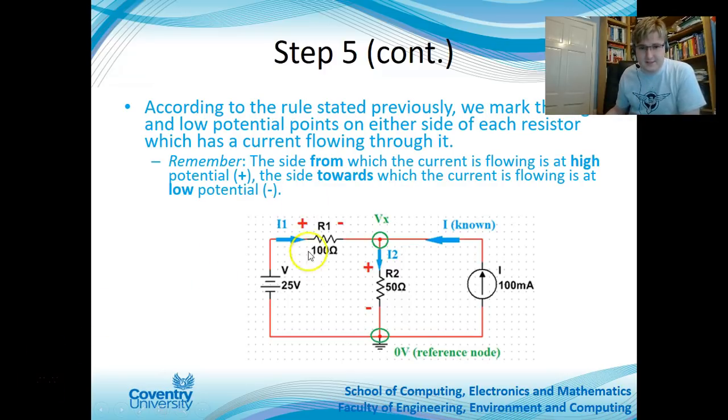So this side of R1 is going to be at 25 volts as well, because these two are connected. The negative side of R1 and the positive side of R2, and this here, will all be at the same voltage because it's connected to point Vx. And we know that this is going to be 0 volts there. Okay, and we know what I is.